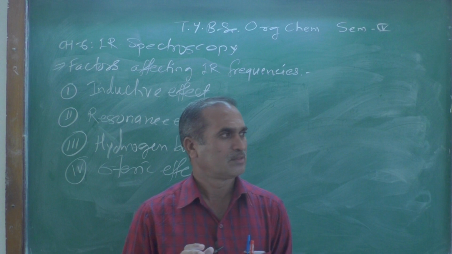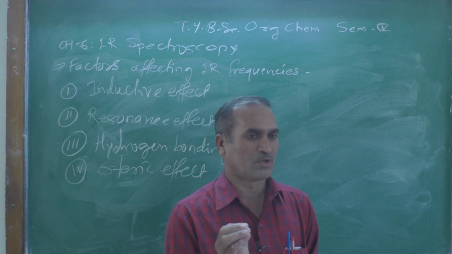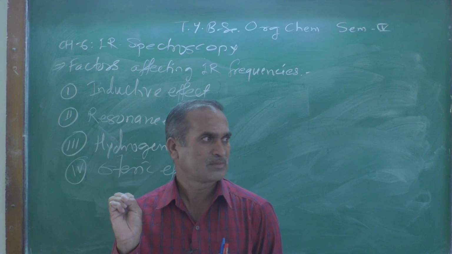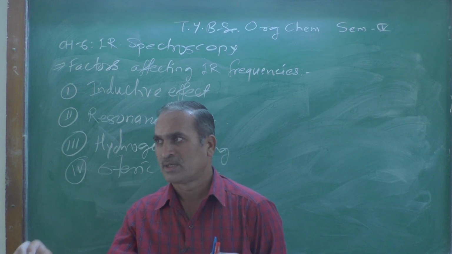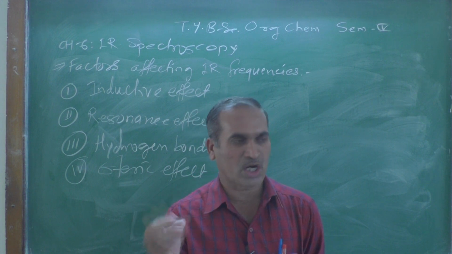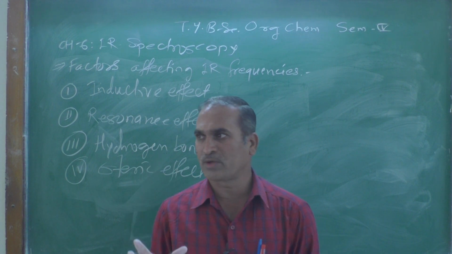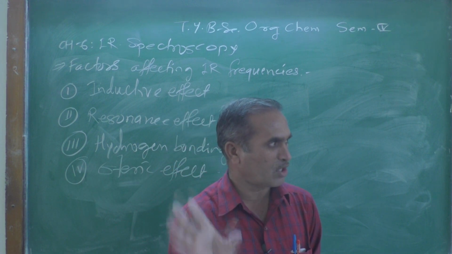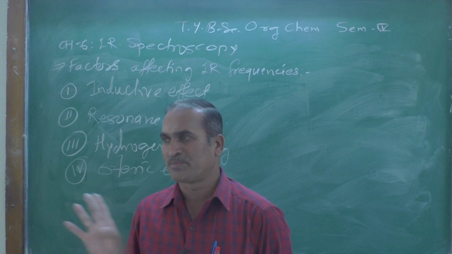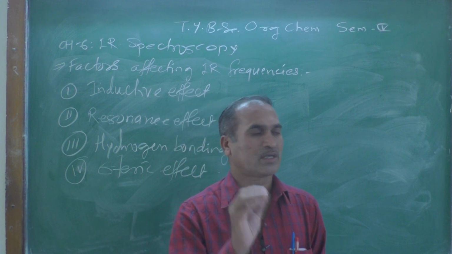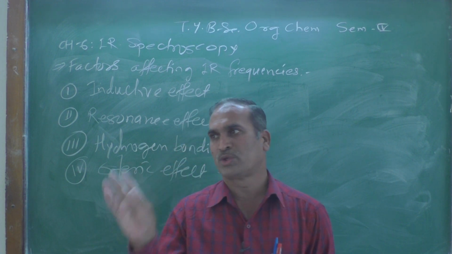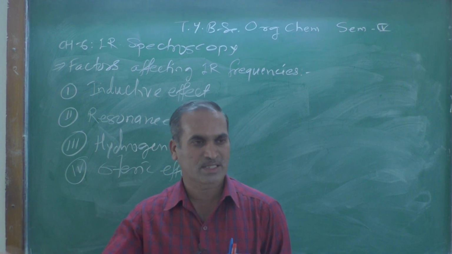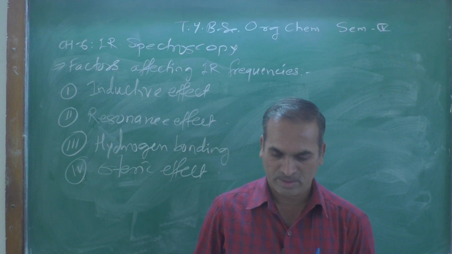Some groups can strongly withdraw the electron density and are called strong electron withdrawing groups. Some are moderate electron withdrawing groups, and some are weak electron withdrawing groups. So these are some classifications.